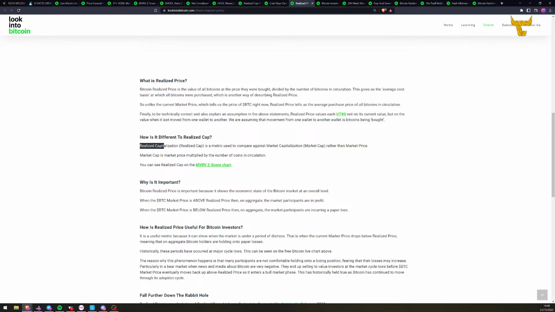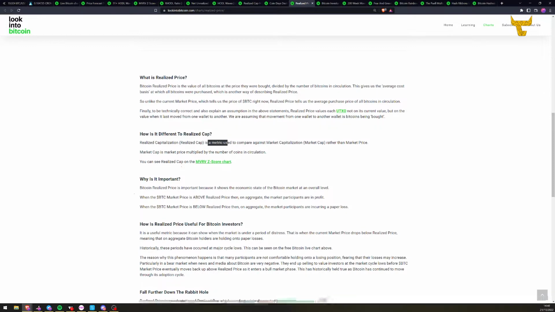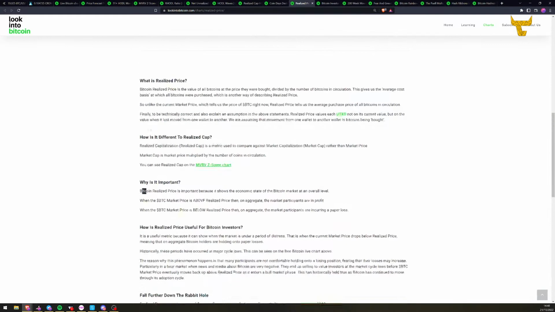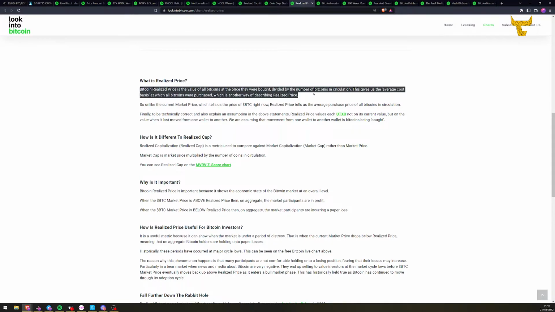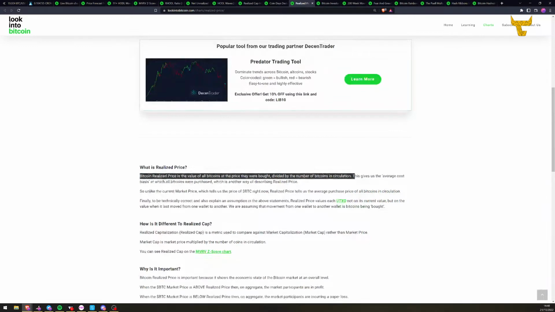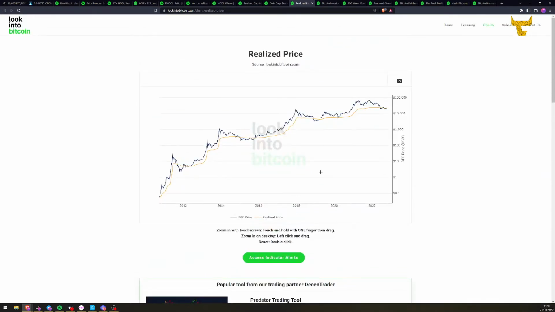Another way to say it is, realized capitalization is a metric used to value all Bitcoin at the price they were bought, divided by the number of Bitcoin in circulation. So an alternative metric to market cap divided by the price.